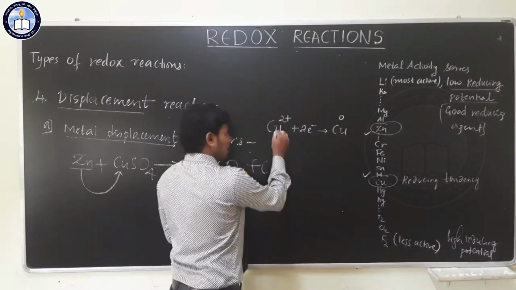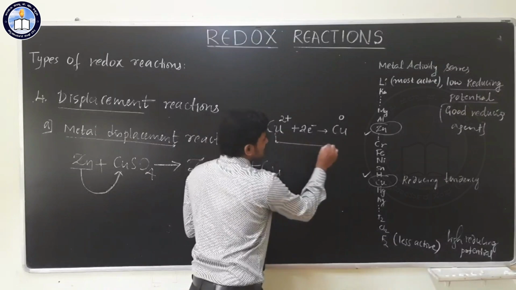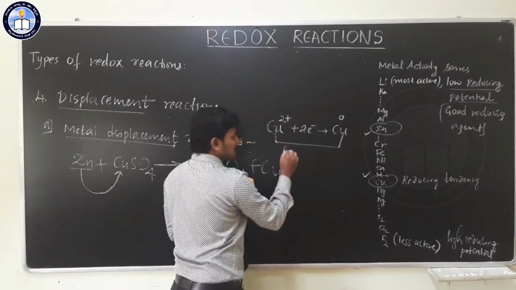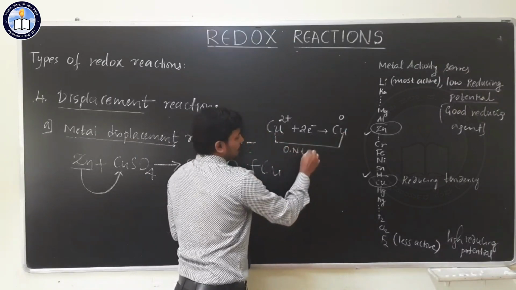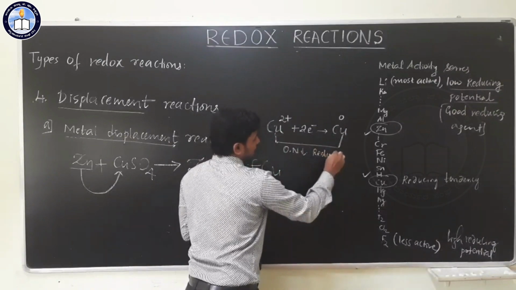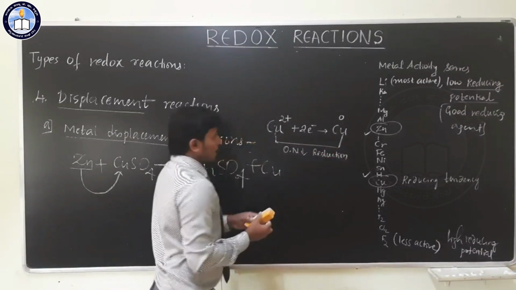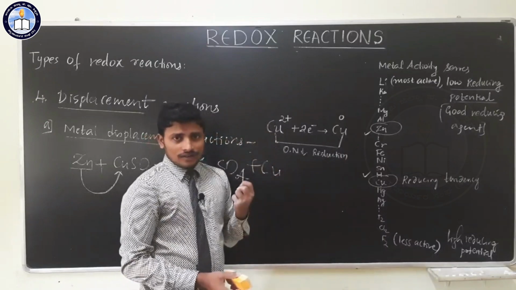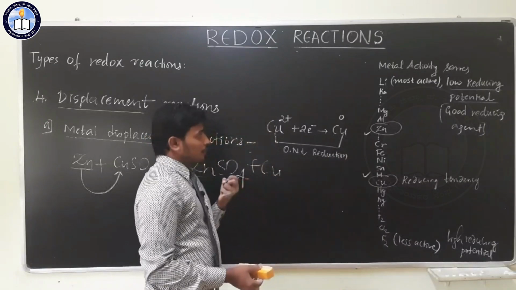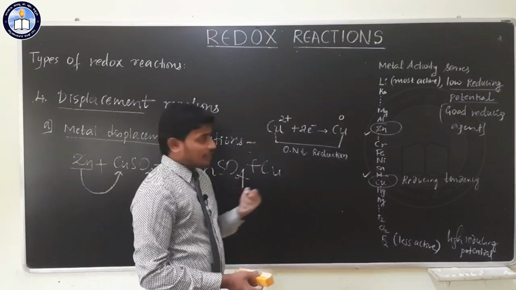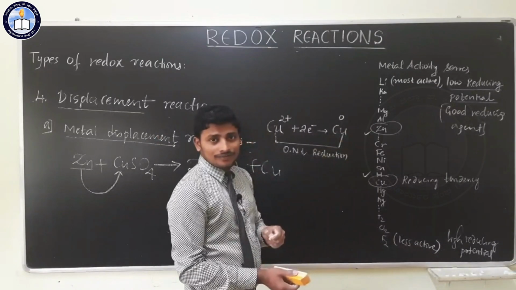That means +2 turns into 0, a decrease in oxidation number, hence it is known to be reduction. That means copper is eager to take 2 electrons compared to zinc.